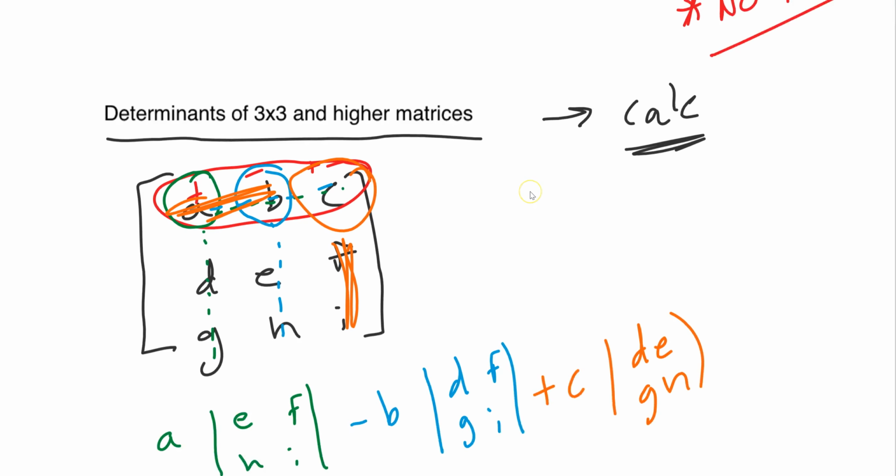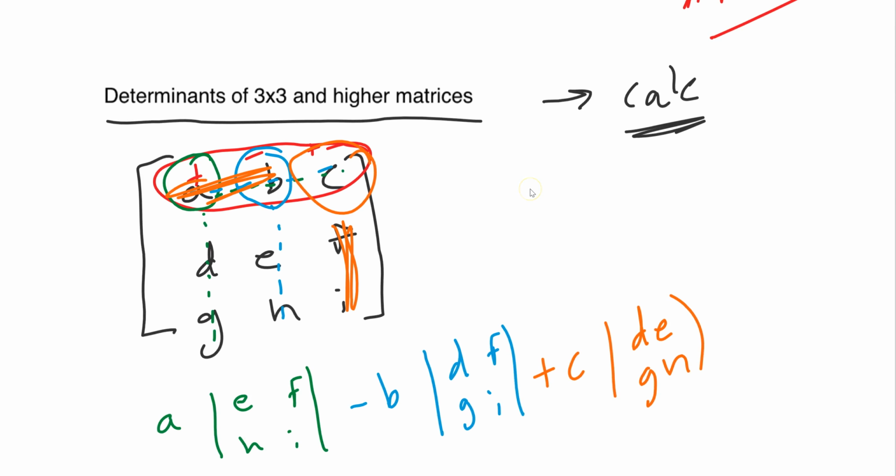But for 3 by 3, we're just going to use the calculator. This method also works for higher determinants. If you want to do 3 by 3, 4 by 4, 5 by 5, you do them the same way: pick a row or column and expand. You do more of it in linear algebra.